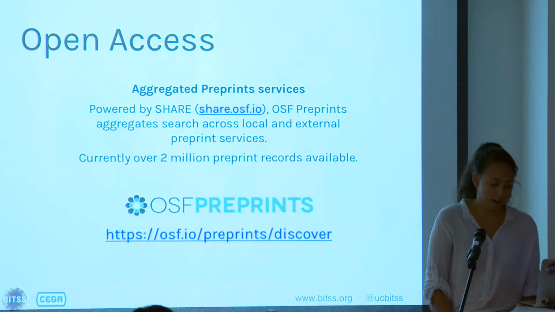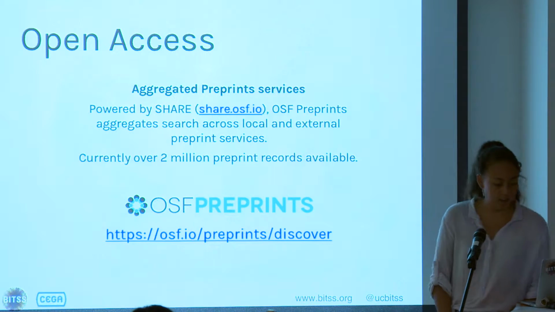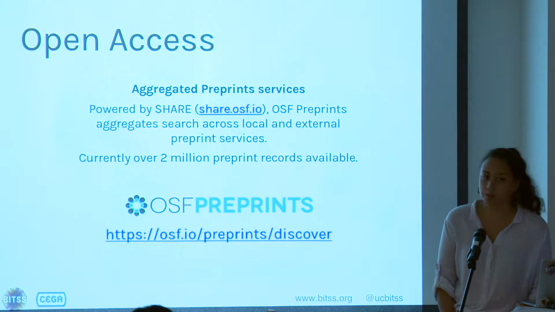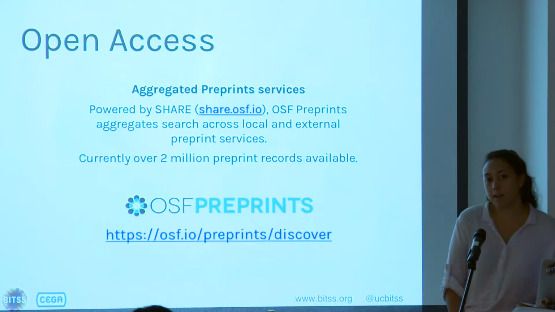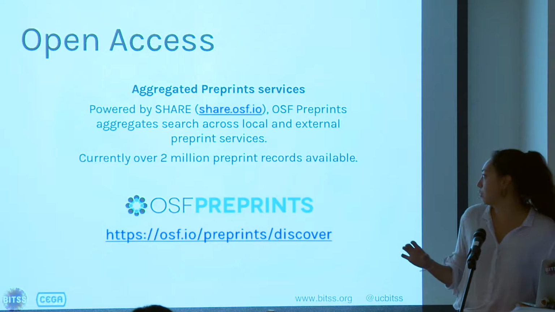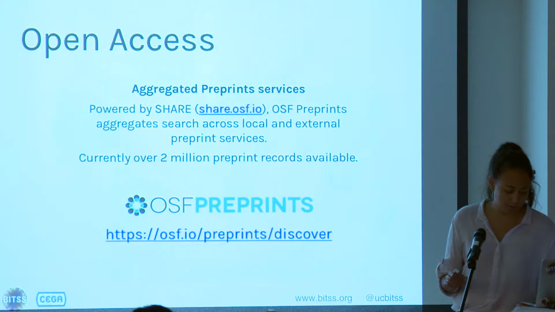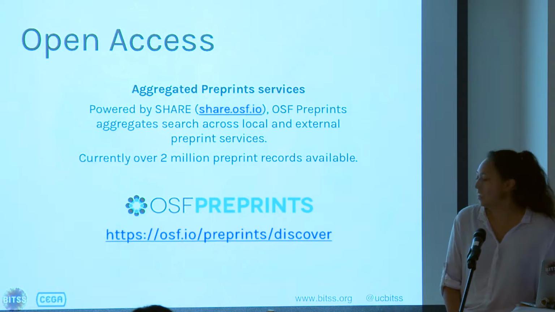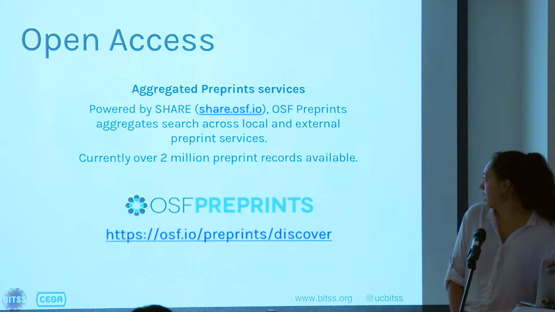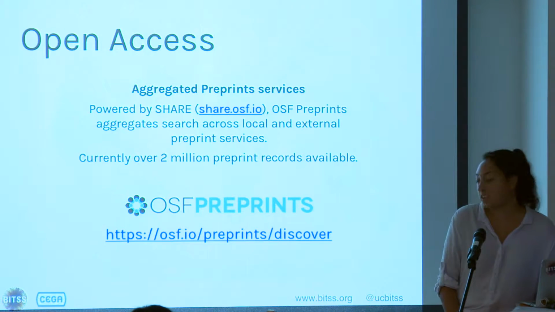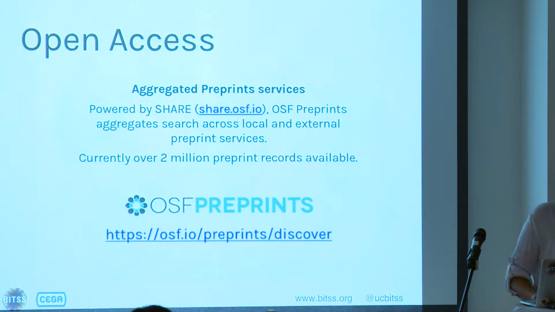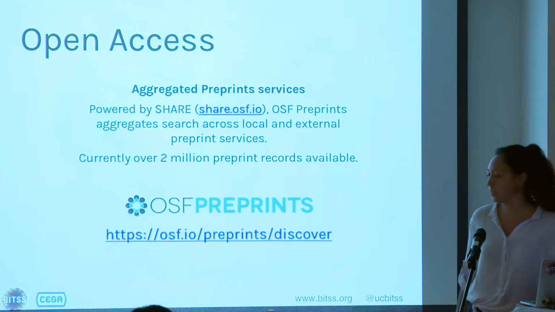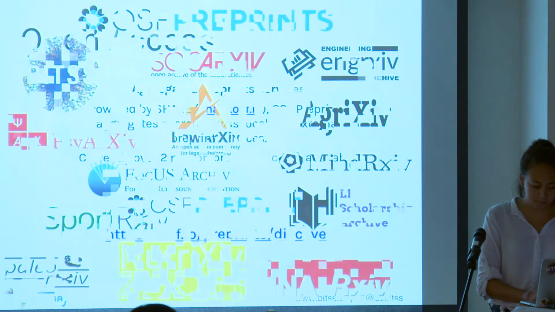Preprints came out of that, and on the OSF, the Open Science Framework, which is run by the Center for Open Science, they have a platform where you can search aggregated preprint services, and I'll go over all the different kinds of services in the next slide. Currently there are over 2 million that you can find, and this URL at the bottom is where you'll be able to find all of them.